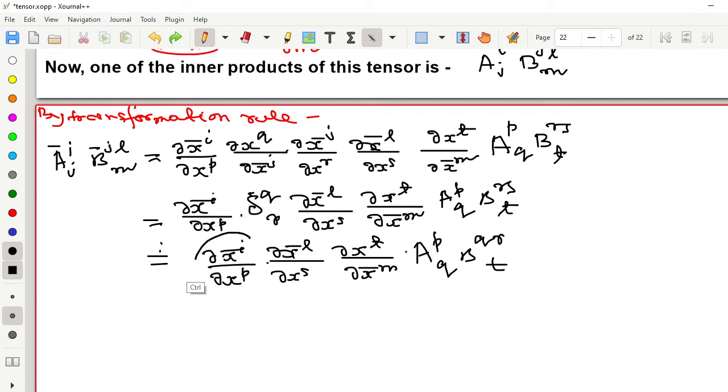And this one is definitely the rule for contravariant transformation. This one is also for contravariant. And this one is for covariant. That means there are two contravariant indexes and one covariant index over there.